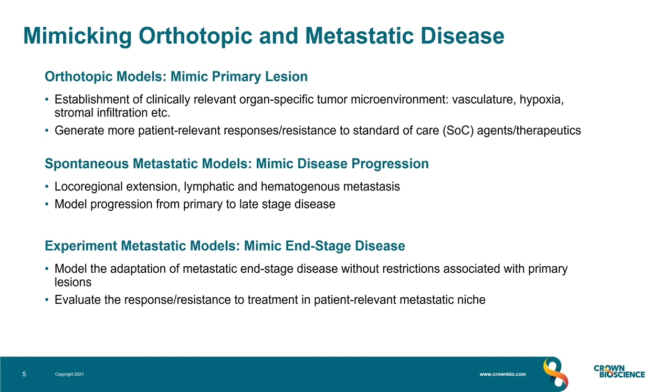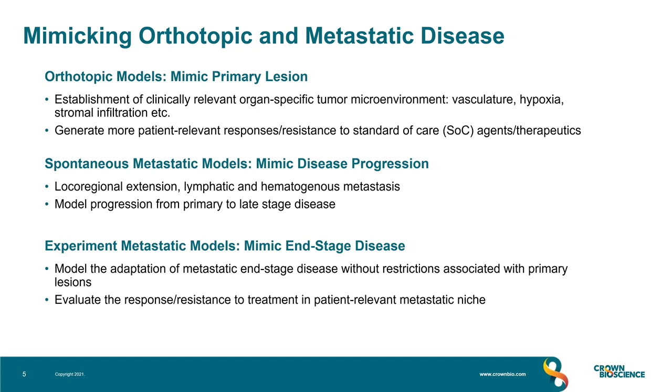This model will generate clinically relevant organ-specific tumor microenvironment, including vasculature, hypoxia, stromal infiltration, etc. They allow us to conduct experiments that help us better understand patient-relevant response and resistance to SOC and other types of therapies.